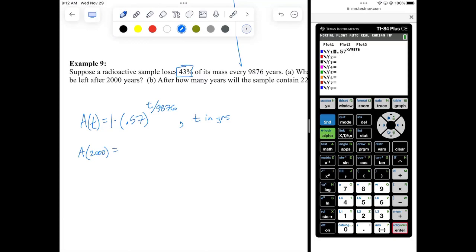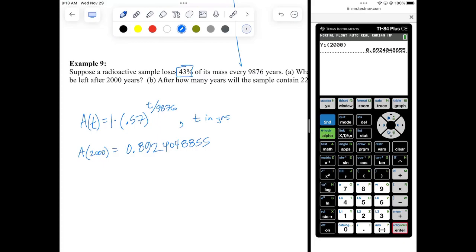All right, now I don't need to graph it just yet, so I'm going to go to my home screen now, flush, and hit alpha trace number 1 of 2000. And I get 0.892404 8855. Is that my answer?